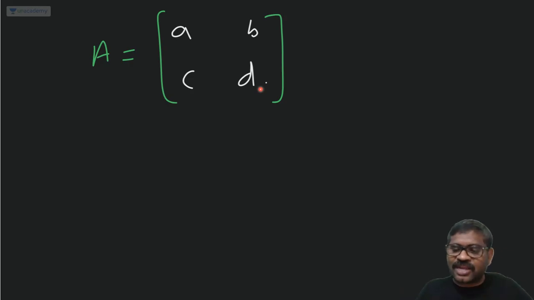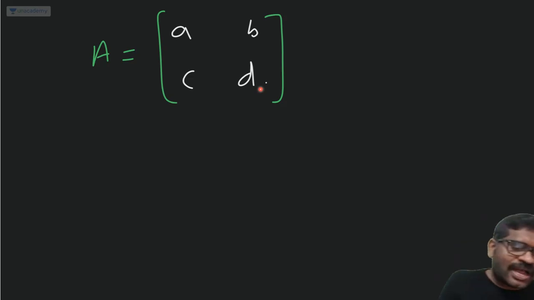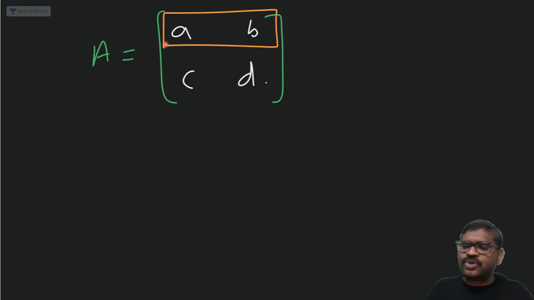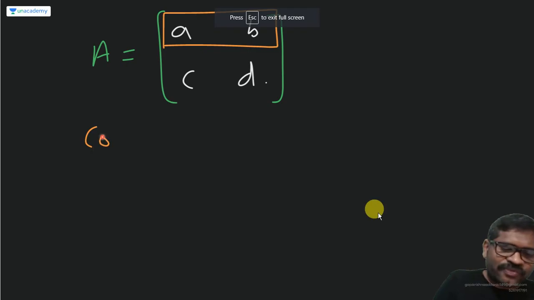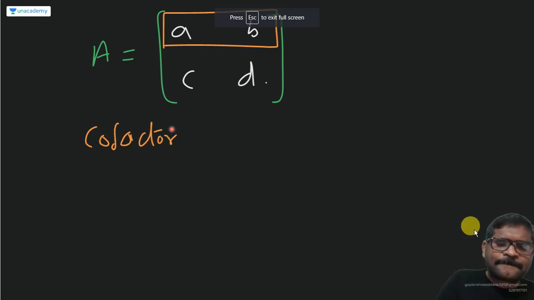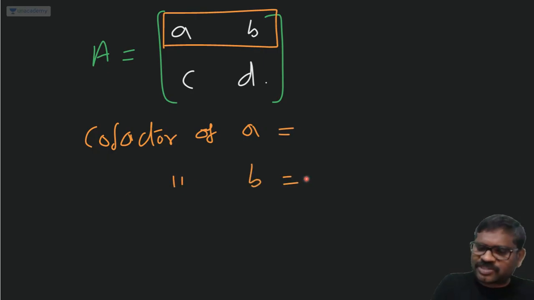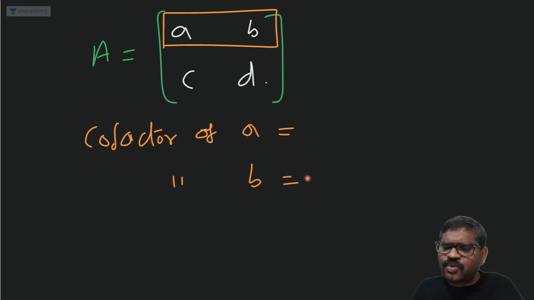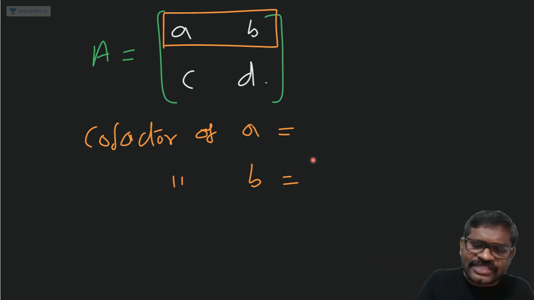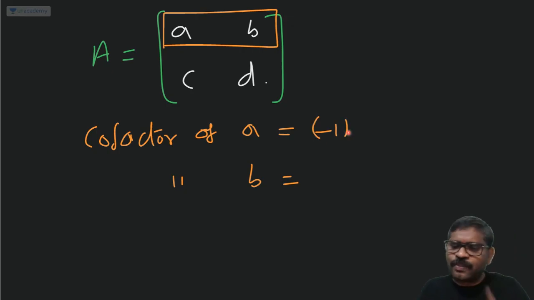Now I am explaining. If you take elements of first row, you multiply them with corresponding cofactors. What is cofactor of A? What is cofactor of B? If you want cofactor of any element, first you write minus 1 whole power position of that element.